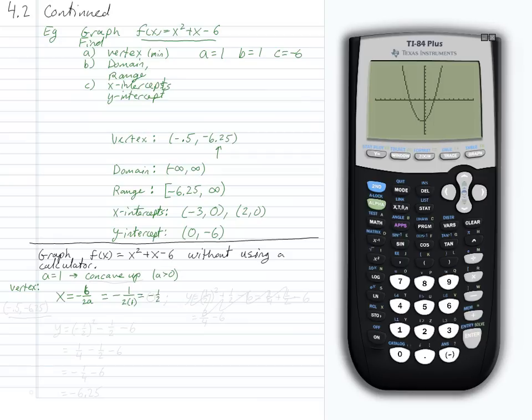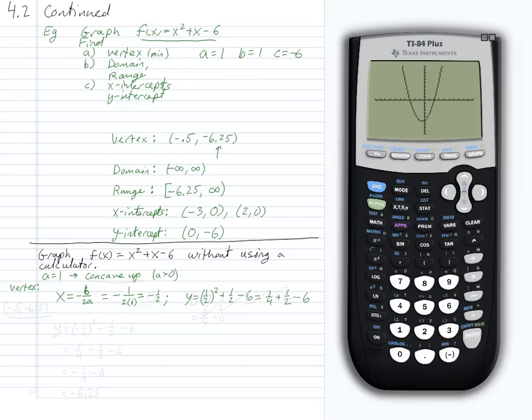Then we plug that into our function to find the y-coordinate. Alright, so 1/2 squared plus 1/2 minus 6. Well, 1/2 squared would be 1/4 plus 1/2 minus 6.